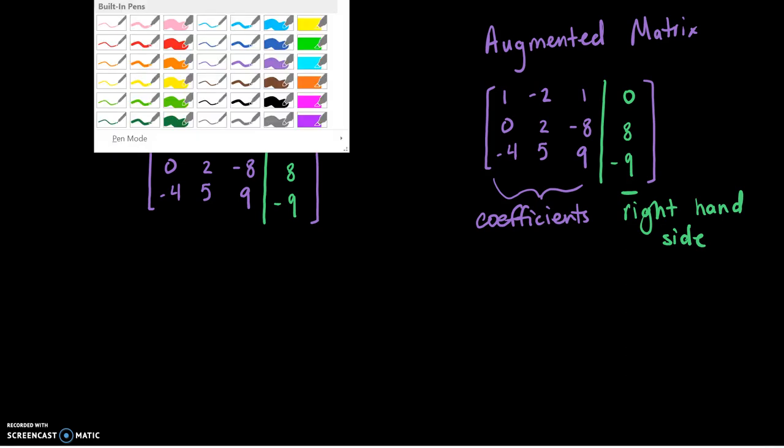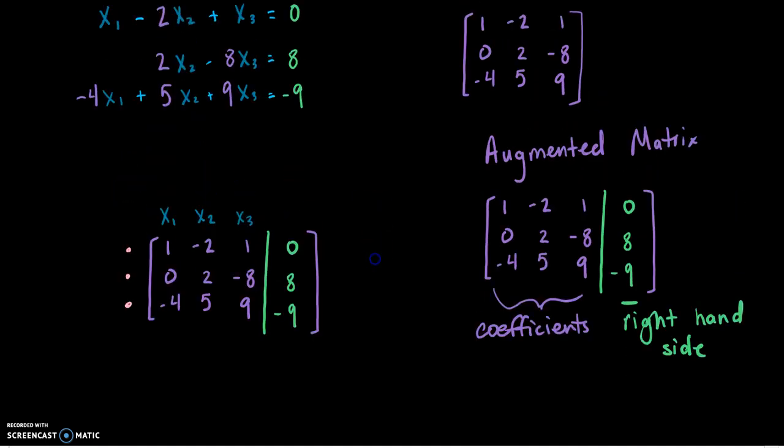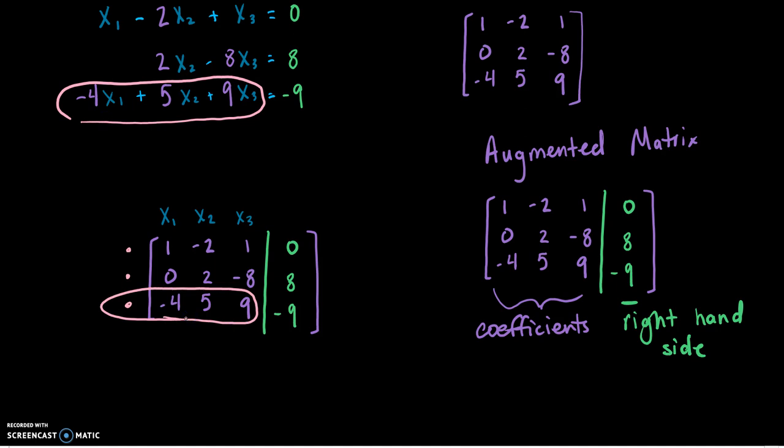And each one of these on the horizontal side represents the overall equation. So this right here corresponds to that right there. And all of our x3s in all of our equations correspond to all of these right there.